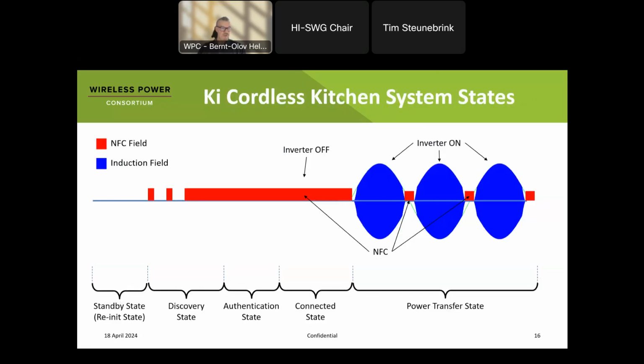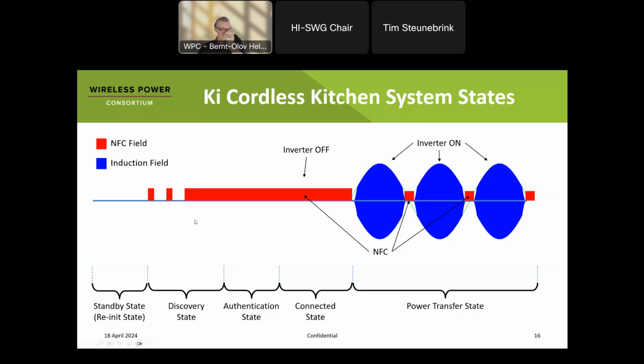If the appliance gets its on-off switch turned on, it's always off when it's put in place on the transmitter to prevent accidents, and therefore it's essential to turn it off and on again to activate the device. Then it enters the discovery state, where it starts to receive power and a basic check, so the transmitter understands there is a device in place and it needs to communicate and deliver power.